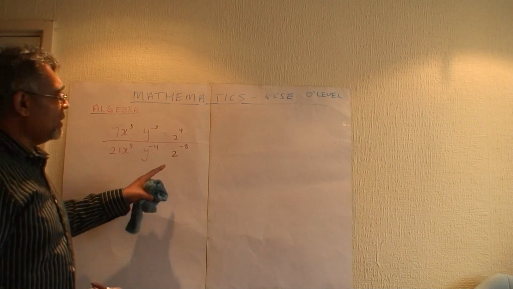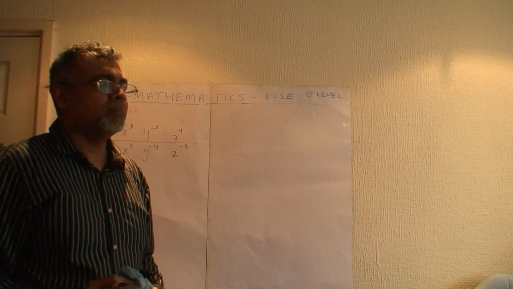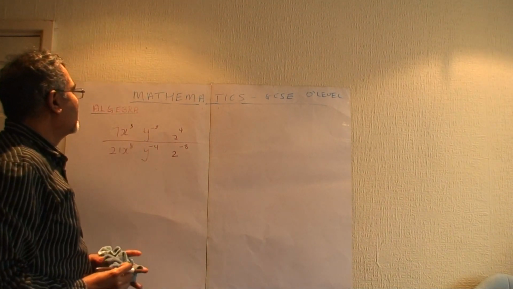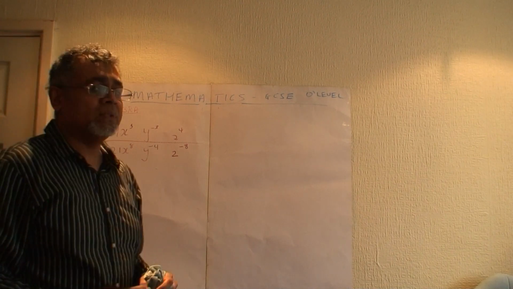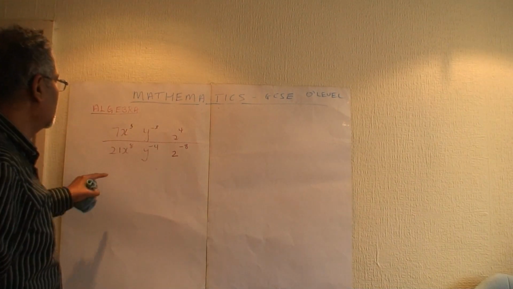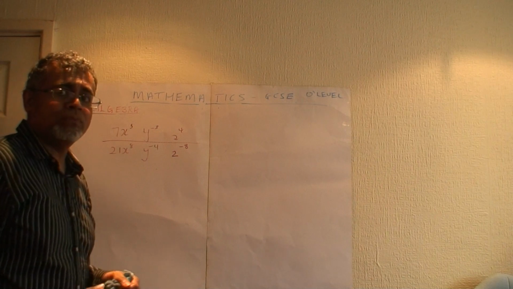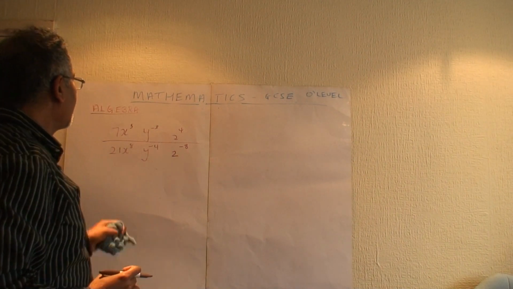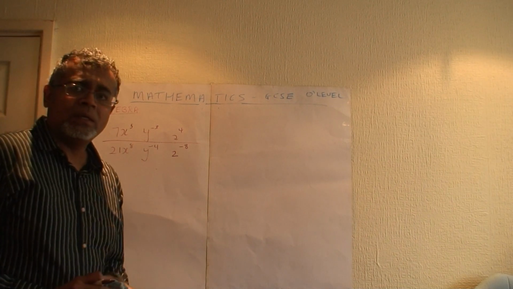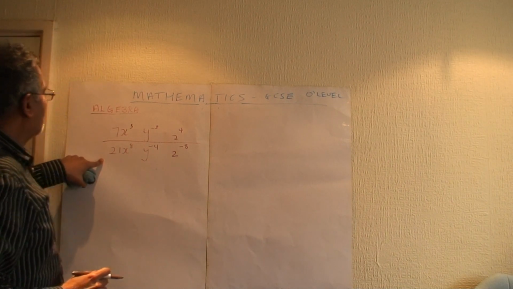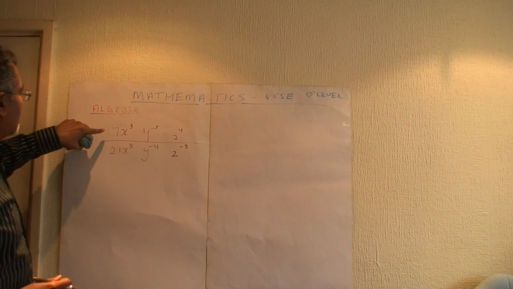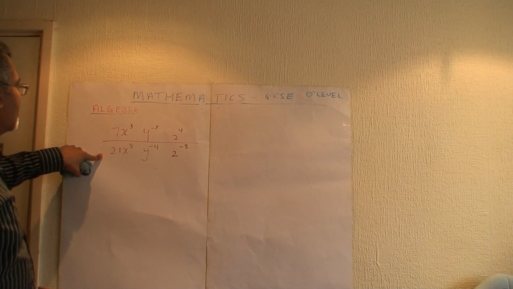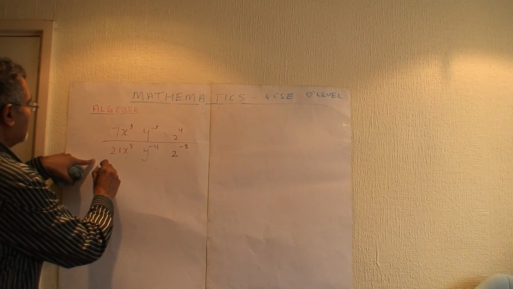Okay, here we have something that's a little bit more complex, a bit more complicated, and involves a lot more thinking. But when you have this, obviously we go for the like variables, 7 divided by 21, which is a third.